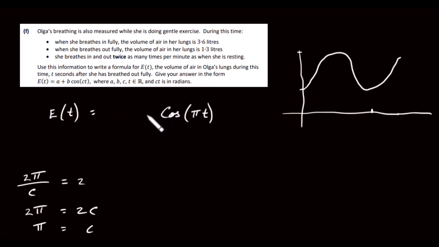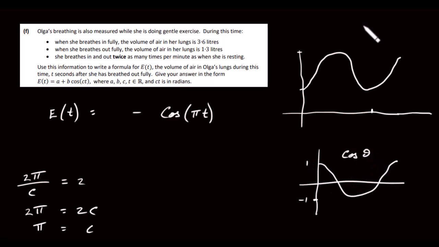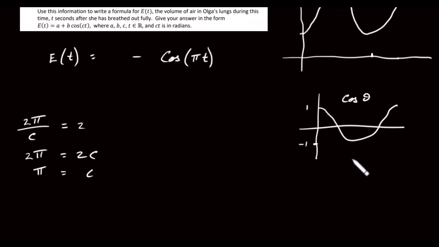We just now have to work out the a and b here. Now we know it's going to be minus, because this is flipped upside down. Remember, your normal cos function will start here, go down, and then up. This one is flipped upside down, so it's going to be minus something here. Okay, so remember as well here that we're starting at -1, we're going up to +1. This is your standard cos theta function. So if we flip that upside down, what we'll get is the same function again.